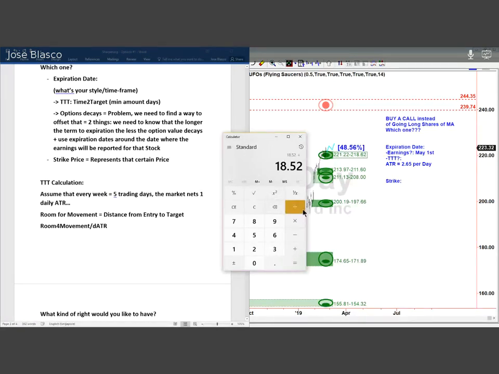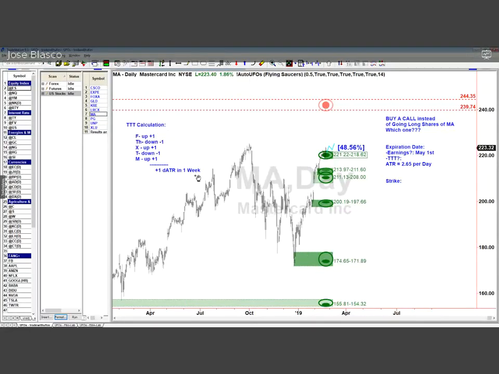So 18.52 divided by 2.65 tells you that we are counting on 6.98 weeks to get to the target, assuming you got one up day, one down day, one up day, one down day, one up day, okay?